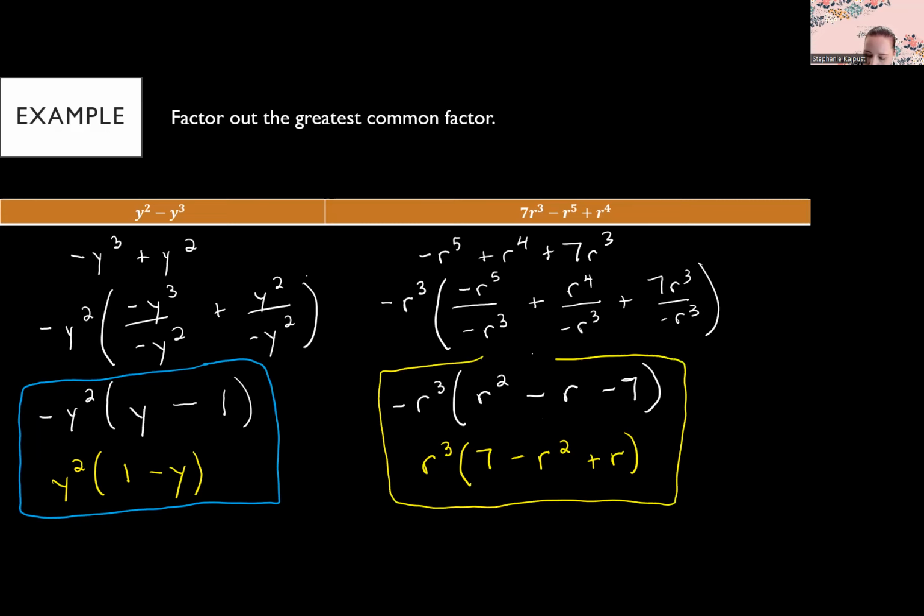But in general, the top one is more useful for things that we have to factor in order to do other stuff. And so we generally do the first one versus the second one, but they are equivalent and both are correct. But I encourage you to get into the practice at the top by rearranging, just because that is the one that's useful later on.